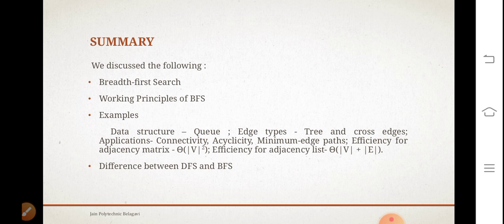Then efficiency for the adjacency matrix is theta of V squared, that is the square of the number of vertices. Efficiency for the adjacency list is theta of the number of vertices plus the number of edges. And we also learned about the differences between DFS and BFS.